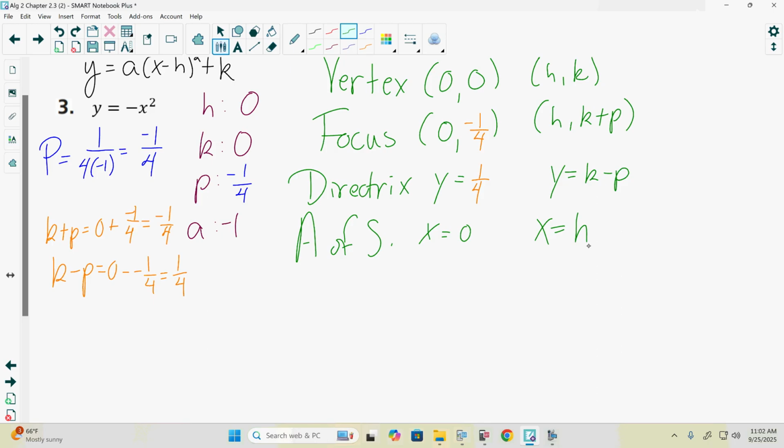Tells us the axis of symmetry is either x equals 0 or y equals 0. And instead of telling us the focus is h comma k plus p, or h plus p comma k, it just plugged 0 in for h and k and simplified. That's all it did. I think it's easier just to use the general forms that we've been using and just stick the zeros in those values where we have them.